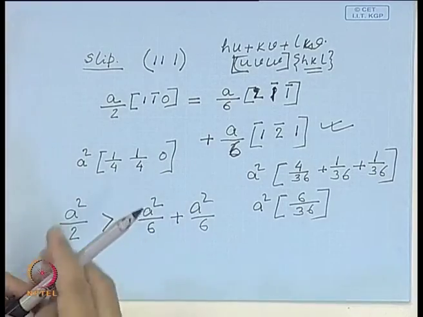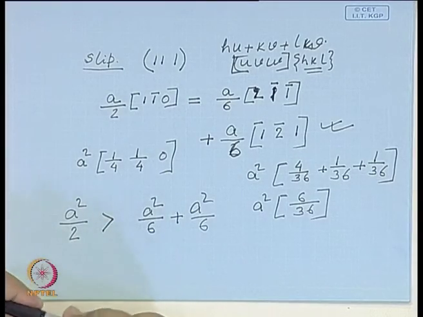So today, in short, we looked at edge and screw dislocations a little more critically. We looked at the movement of edge dislocations. Edge dislocations can move both by glide as well as by climb, whereas screw dislocations can move only by glide.